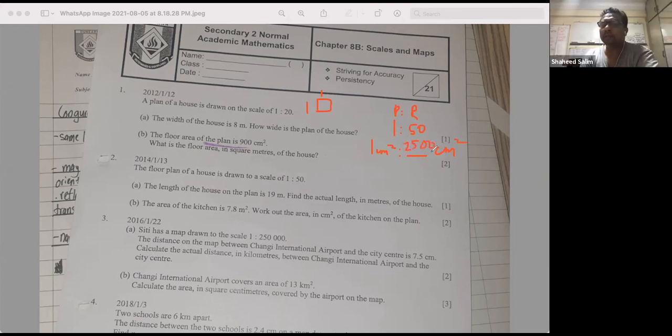We do not want to use this way, because they want the answer in square meters, so we need the ratio in square meters. Can you change 50 cm to meters? Divide by 100, 0.5. 0.5 times 0.5?